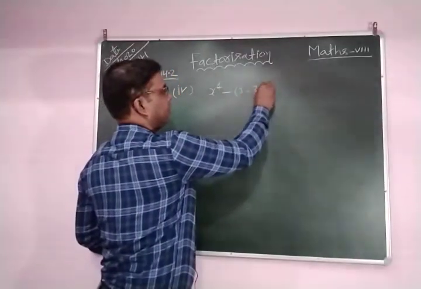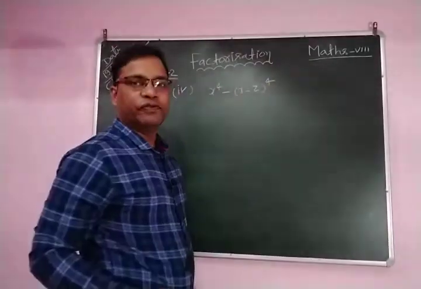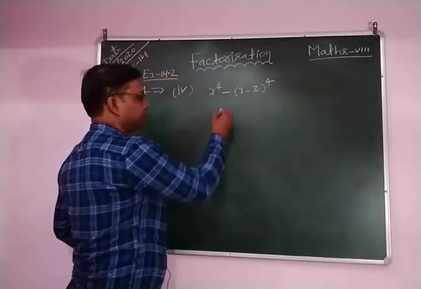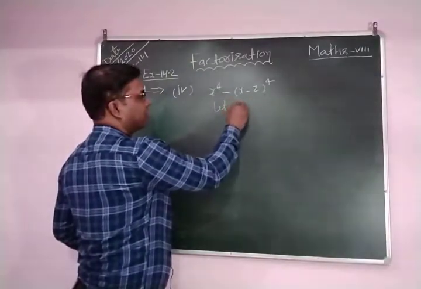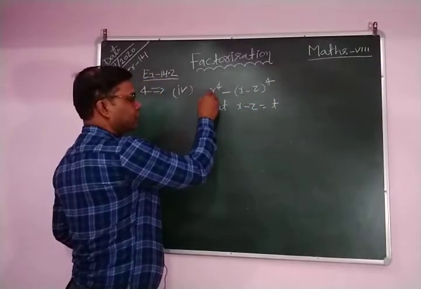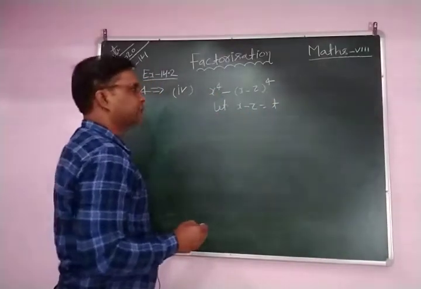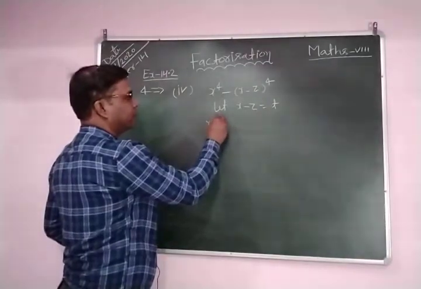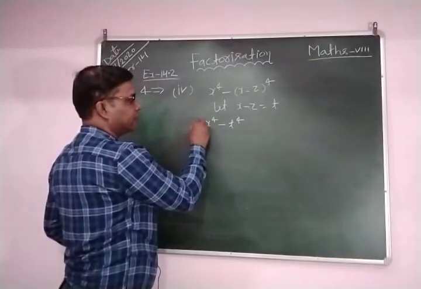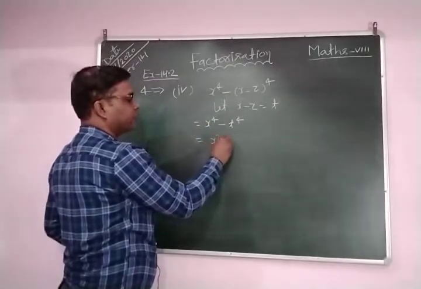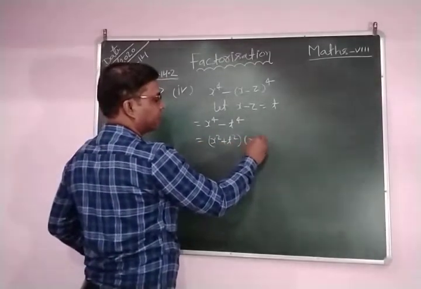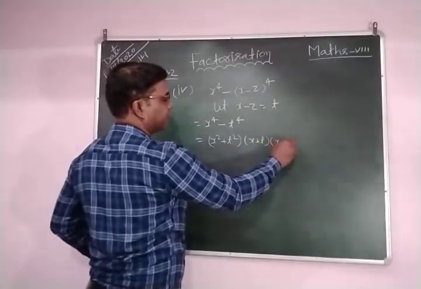So we let x minus z be equal to t. So the given expression becomes x power 4 minus t power 4. So you can write it as x square plus t square into x plus t into x minus t.